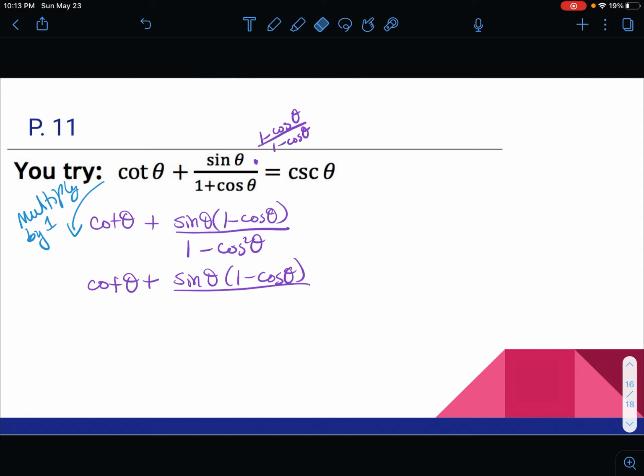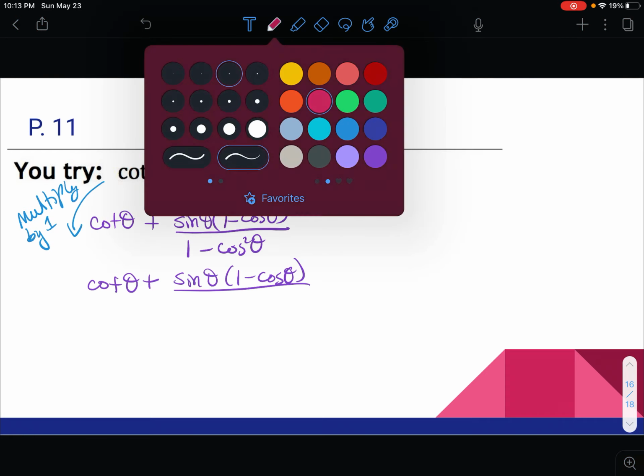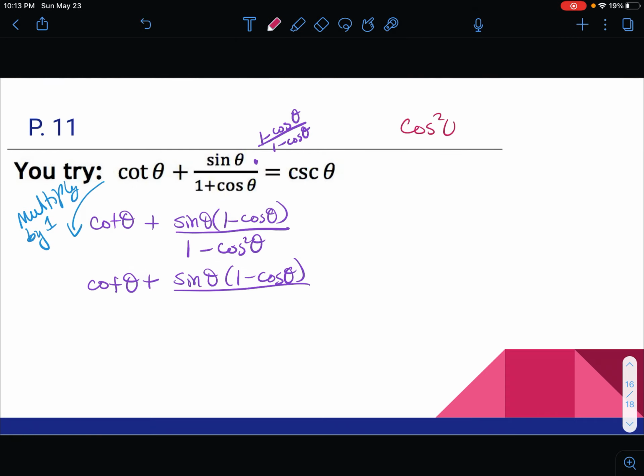What I want to do is think about my Pythagorean identities. So cosine squared theta plus sine squared theta equals 1. Now, in the denominator, I now have 1 minus cosine squared theta. And what that would equal would be sine squared theta. Okay, so our reason here is Pythagorean identity.